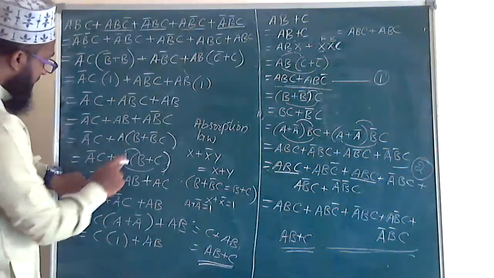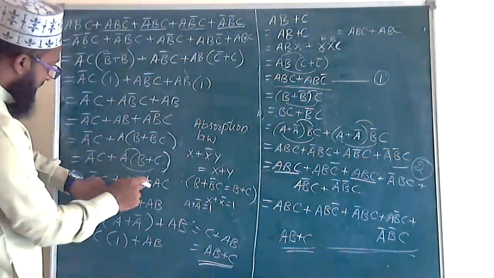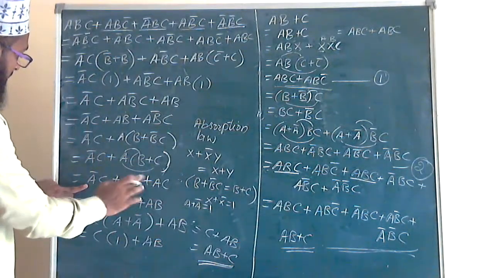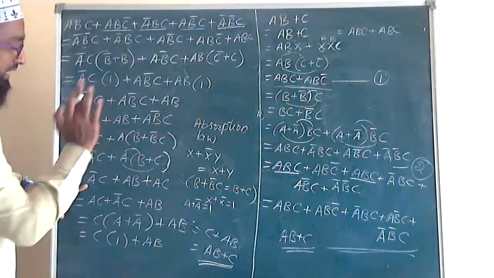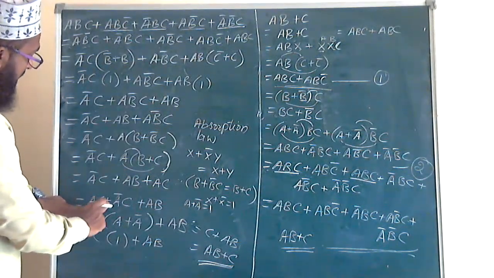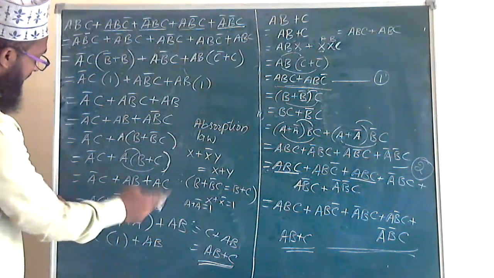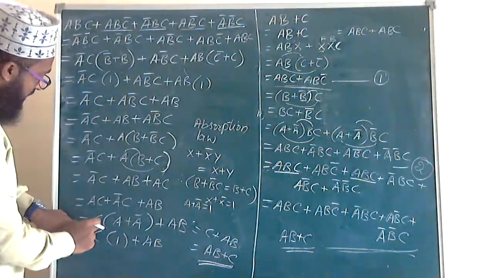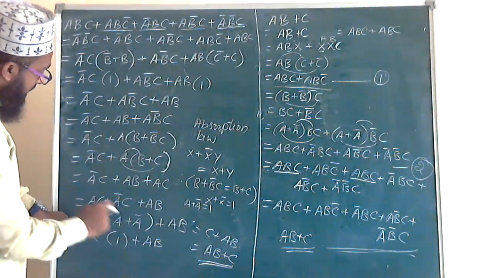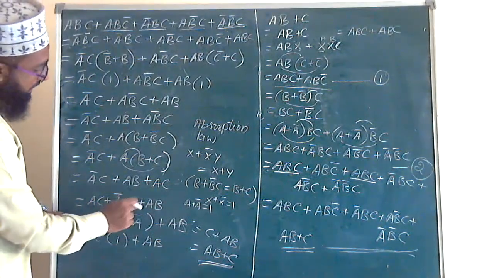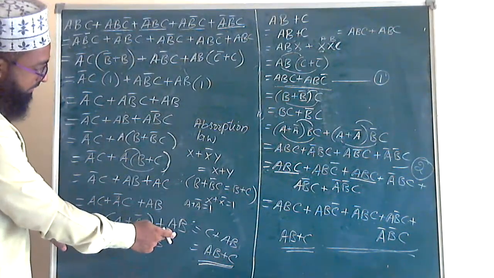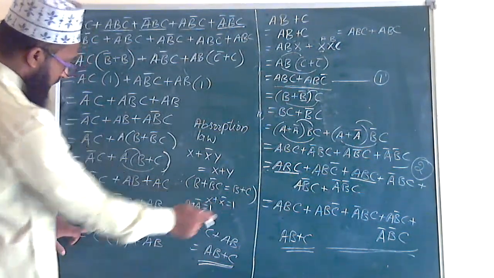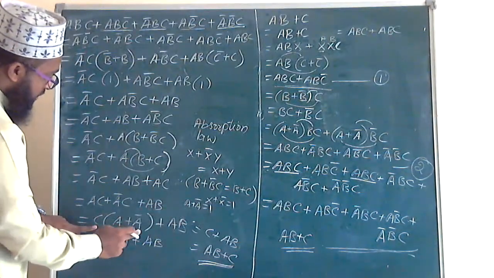Write down A bar C plus AB, then plus AC. Then just interchange: take AC this side, plus A bar C plus AB. In these two terms, is anything common? Yes, C is common. Take C outside, then write down A plus A bar, then plus AB. According to the complementarity law, A plus A bar is equal to 1.